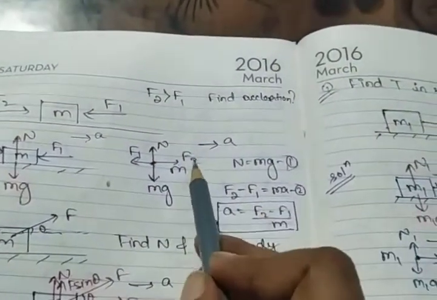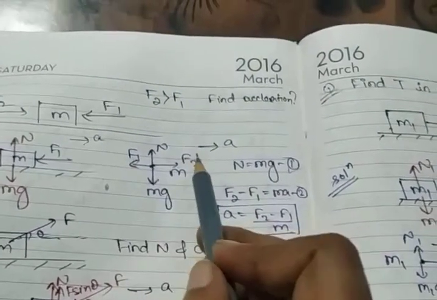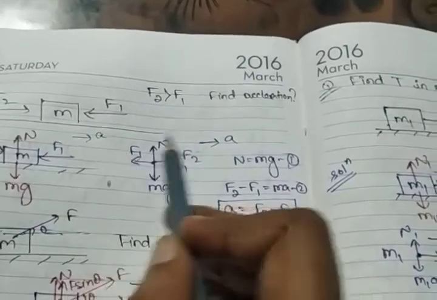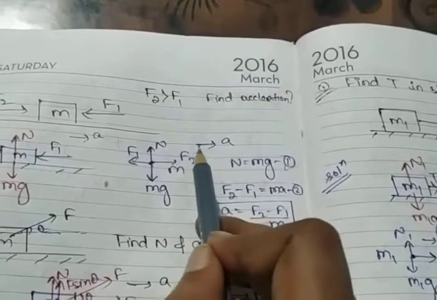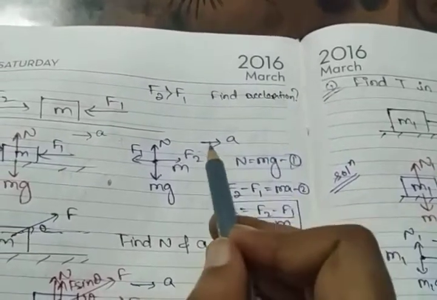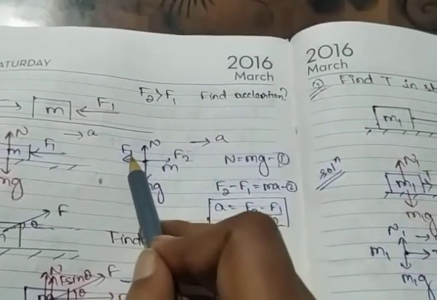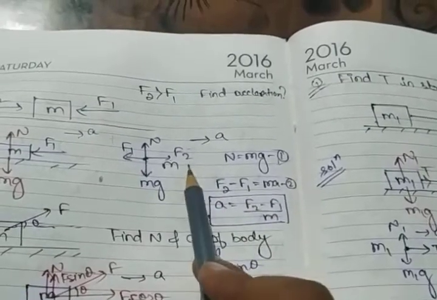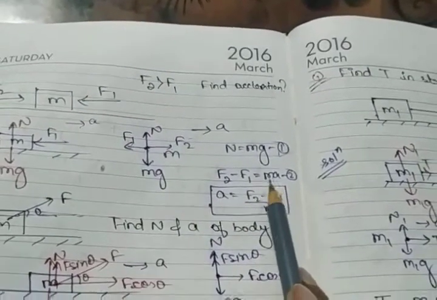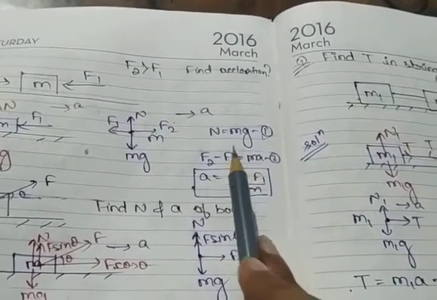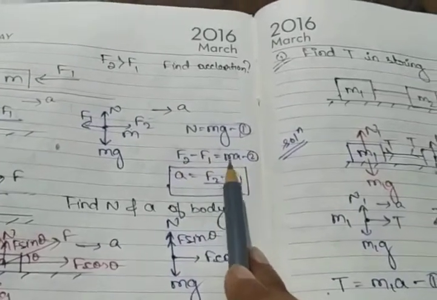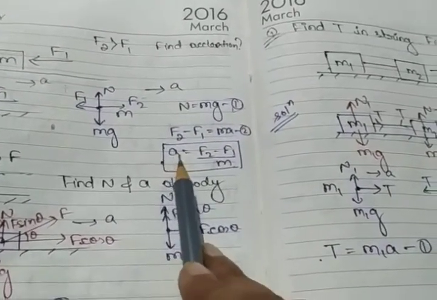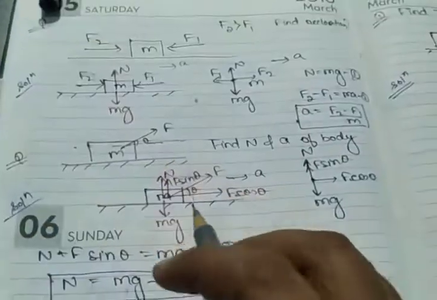What is this extra force? F2 minus F1. Always remember the direction of acceleration is taken as positive, so we take F2 as positive and F1 as negative. So F2 minus F1 equals m into a, mass into acceleration. This is the net force, and this is mass into acceleration. So a equals (F2 minus F1) upon m.